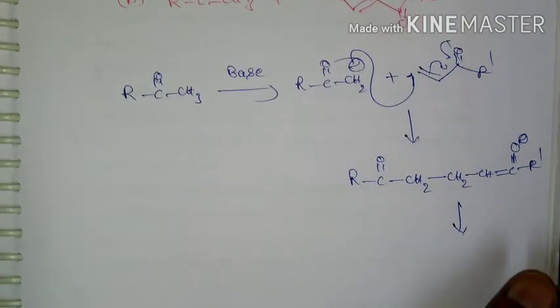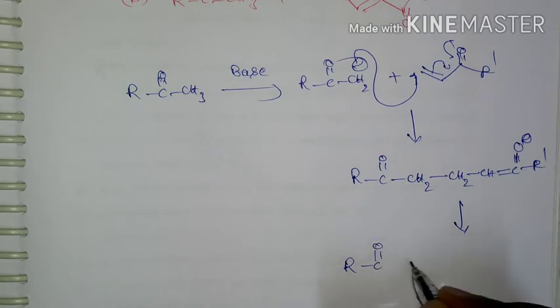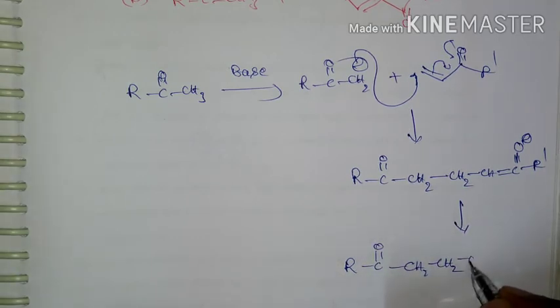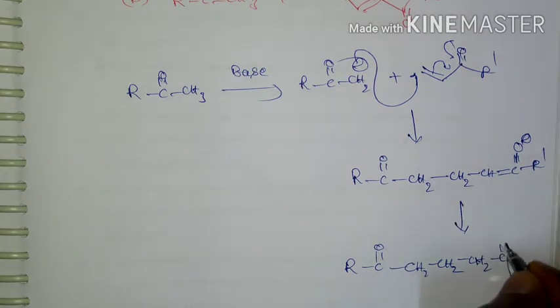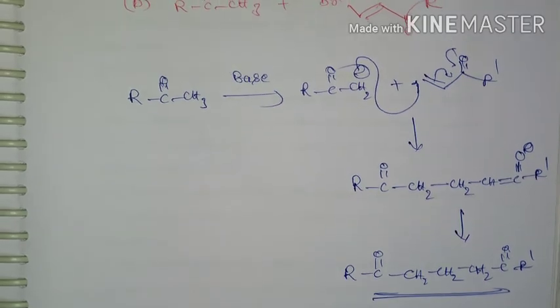Further this gets converted into RCOCH2CH2CH2COR'. So this is an example of the Michael addition reaction.